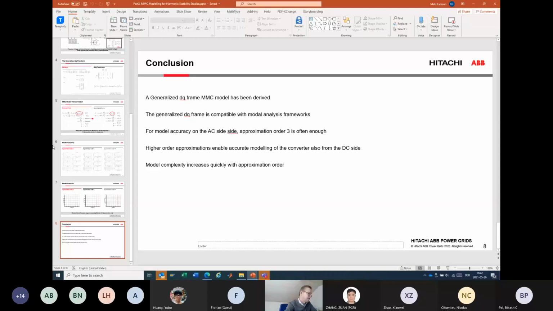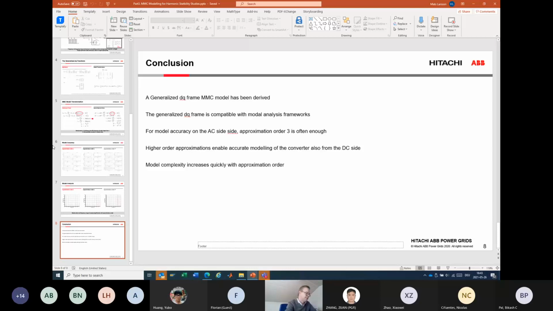And the main reason for that is that you always have a Y delta transformer, and that blocks your third harmonic. It blocks your zero sequence. And what you have left then is your fifth, seventh, and what's coming over there.